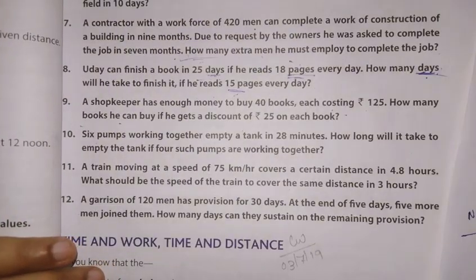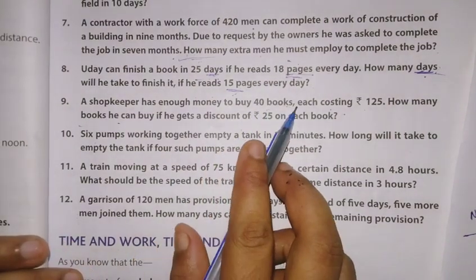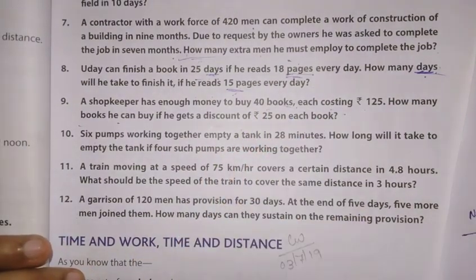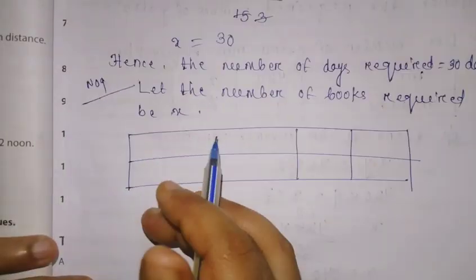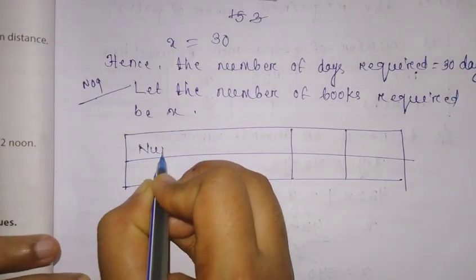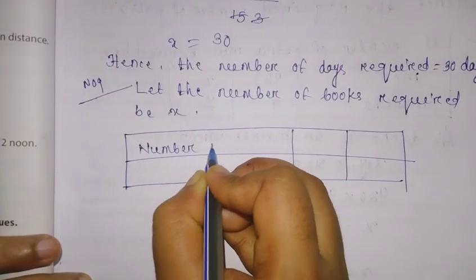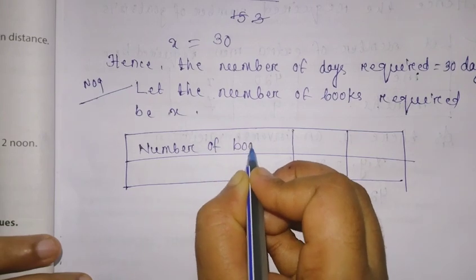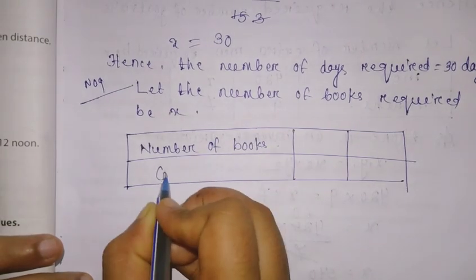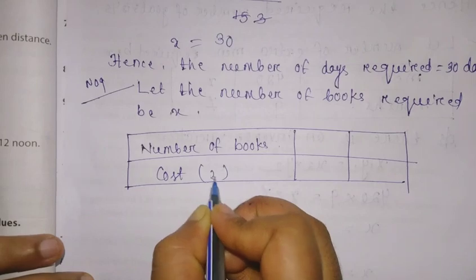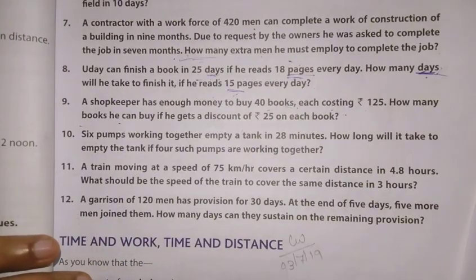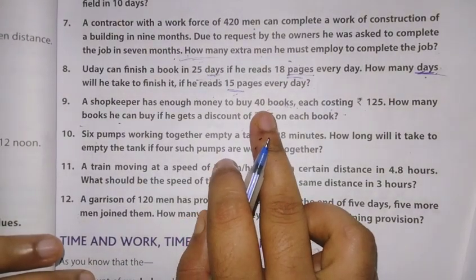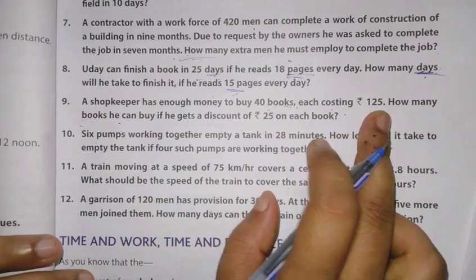First I write number of books, then cost. Number of books is 40 books and each costing is 125.